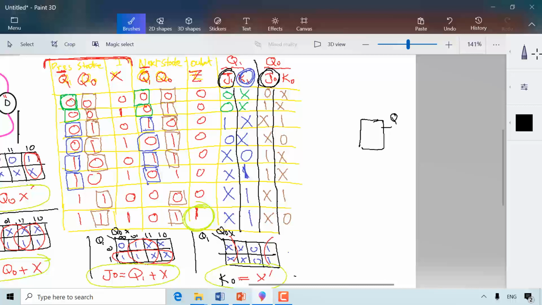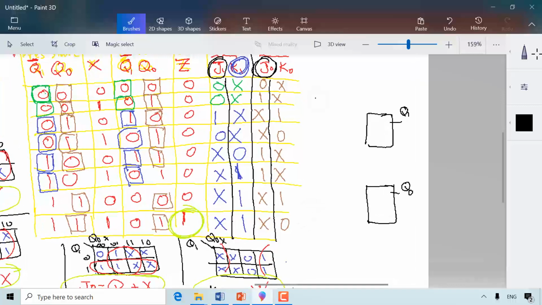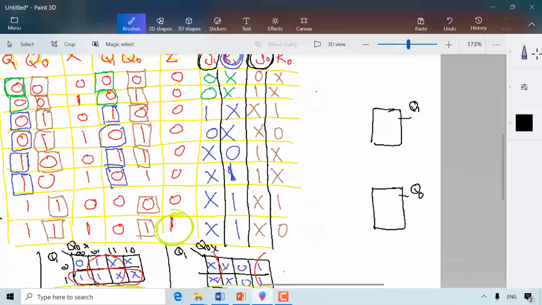This is the first flip-flop, and I have Q0. Okay, so this is Q0. Now the inputs to the very first flip-flop are J1 and K1, and the inputs to the second flip-flop are J0 and K0.